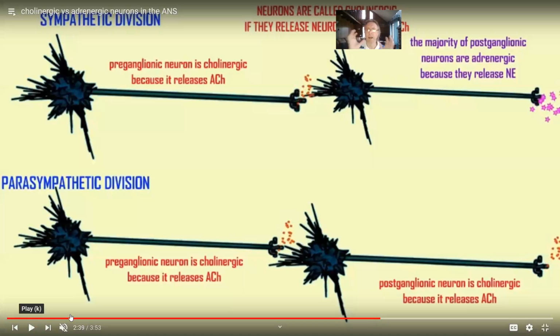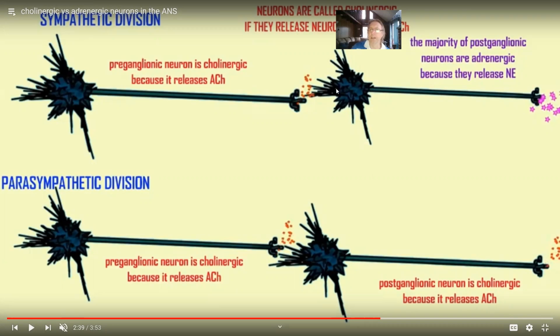Once again, neurons are cholinergic or adrenergic based on the neurotransmitter they release. Obviously, this neuron releases norepinephrine, noradrenaline, so it's adrenergic. But if this is the signal coming to it, it has to make receptors for acetylcholine on its soma and its dendrites.